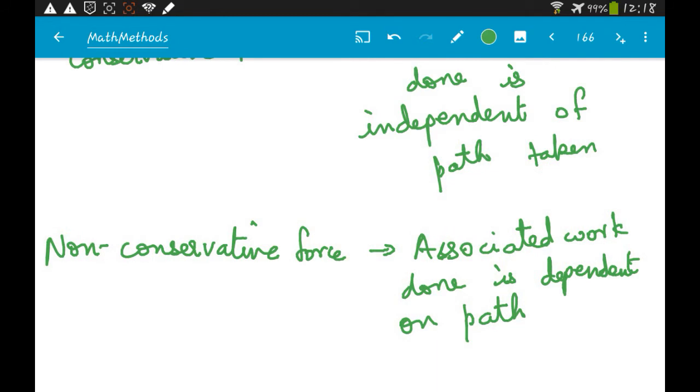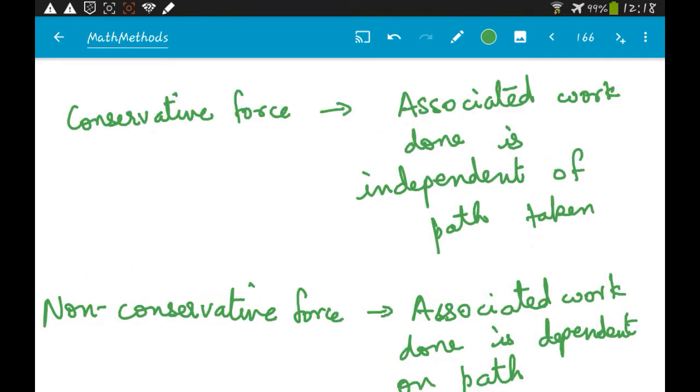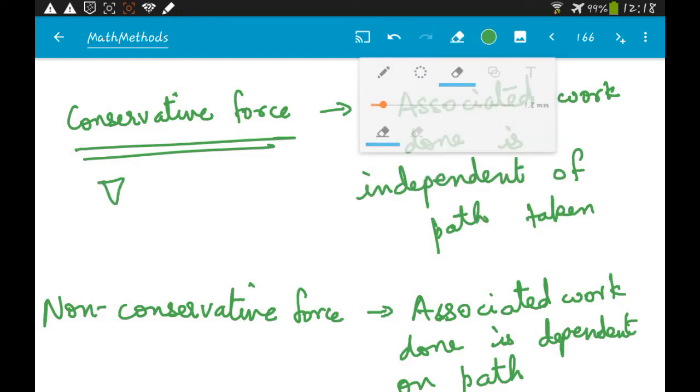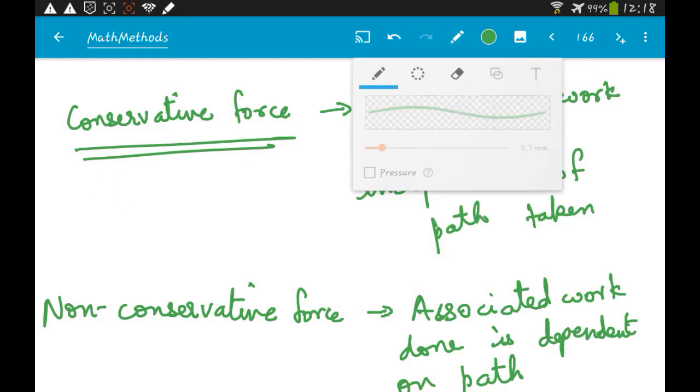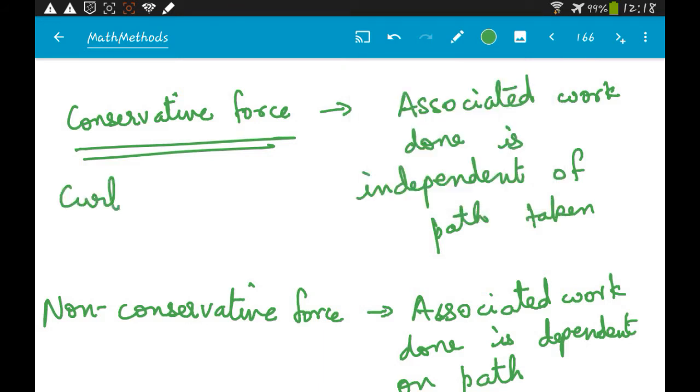That is given by this condition. So for a conservative force we have curl of F, which is nothing but del cross F, equal to 0.